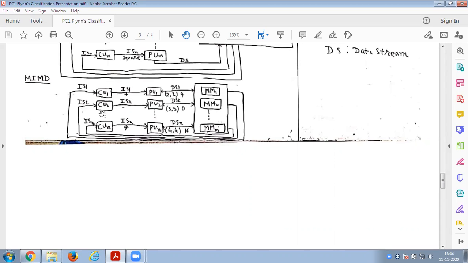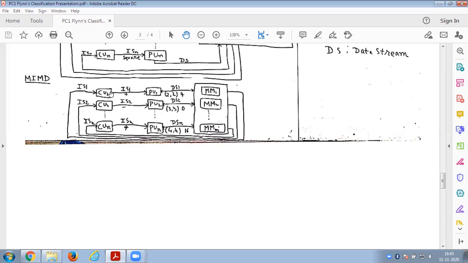Instruction stream 2 is coming into control unit 2. Instruction stream means sequence of instructions, that means various instructions, not one instruction. So various instructions are coming into control unit 1, various instructions are coming into control unit 2, and all instructions are coming from memory.